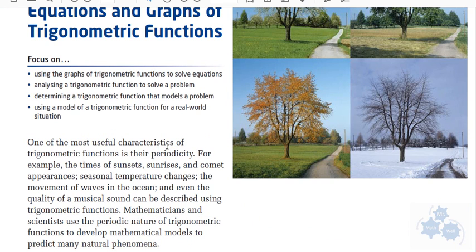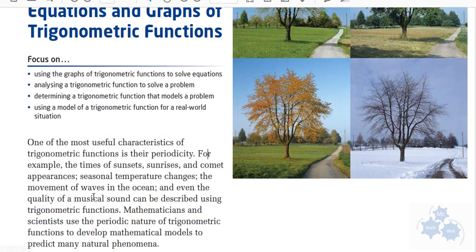That's periodicity. So some examples: times of sunsets. You know what? The sun sets every day, doesn't it? So that happens quite regularly. Comet appearances are a little less frequent than sunsets, but still we could graph this, and obviously the domain or the years might be quite a bit bigger than the sunrise or sunset, but you kind of see how the regular occurrence could be graphed in such a way.